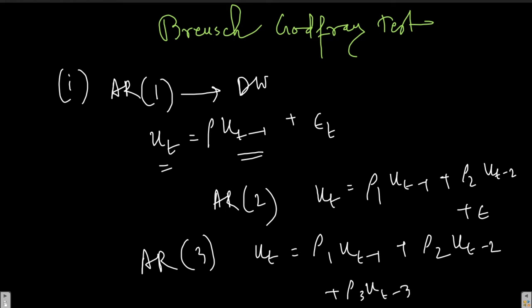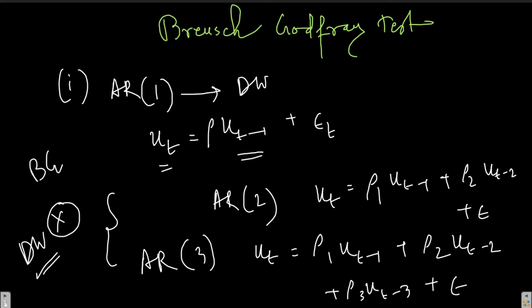These are the processes for which Durbin-Watson statistic cannot be used, and that is a problem. For higher order AR processes, we can use the BG test, the Breusch-Godfrey test.